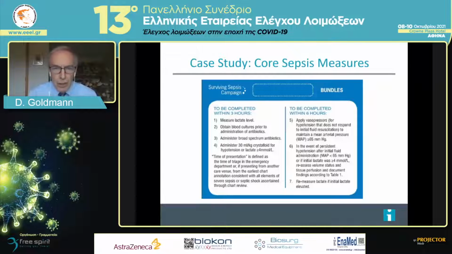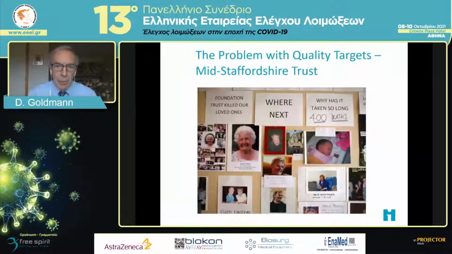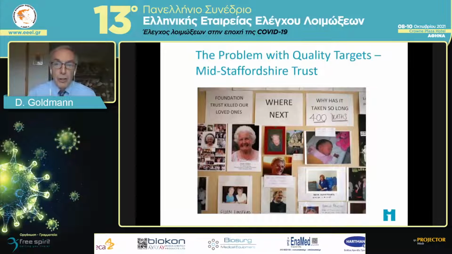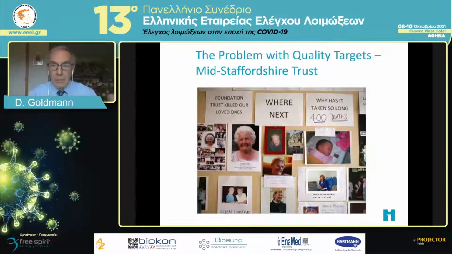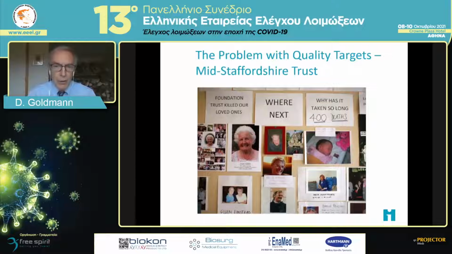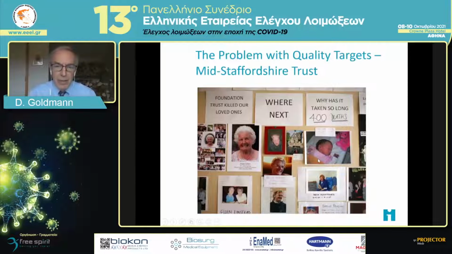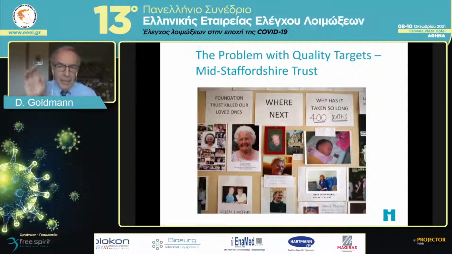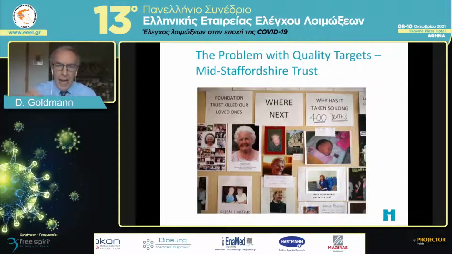And beware of targets. Sometimes the government will set targets for something, like in this case, the time a patient spends in the emergency room before they are triaged or admitted or sent home. And it was 4 hours was the target. And this hospital, the Mid-Staffordshire Trust, was top grade, 90-something% adherence to the national target.